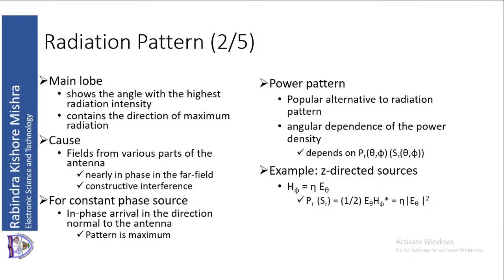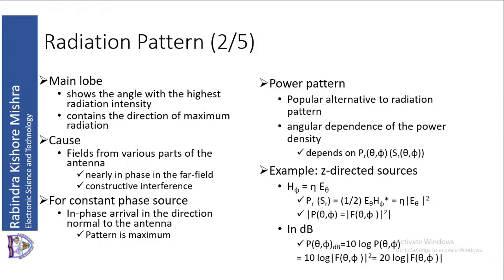S is the Poynting vector. For example, if we have a z-directed source, then we know H_phi is equal to E_theta divided by eta. Then P_r or S_r, the power or the Poynting vector, we can give as 1/2 E_theta H_phi star, which is equal to |E_theta| squared divided by eta. So P(theta, phi) is equal to F(theta, phi) squared, because F(theta, phi) is given by E_theta. E_theta gives you F(theta, phi), the field pattern.